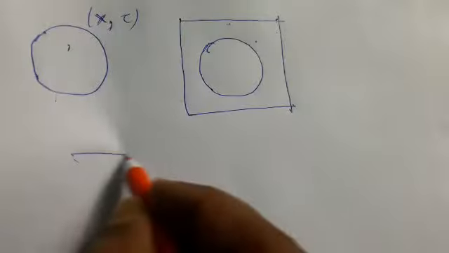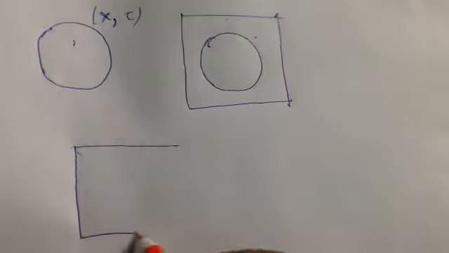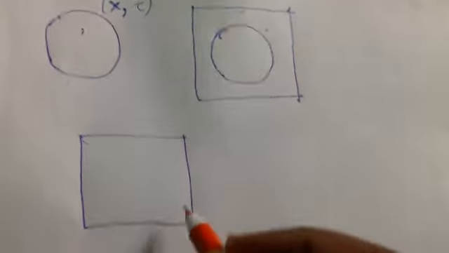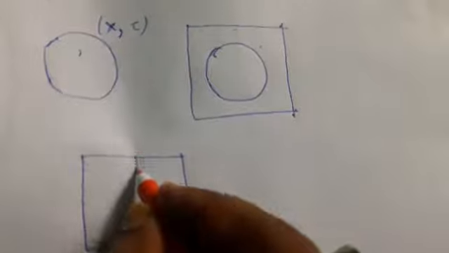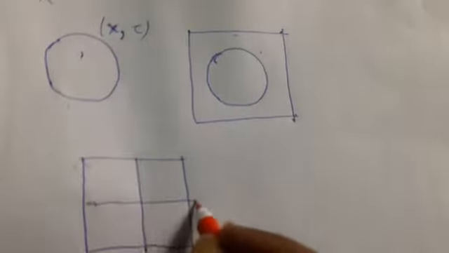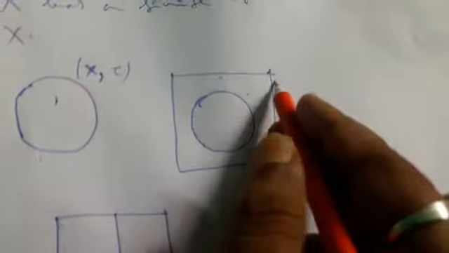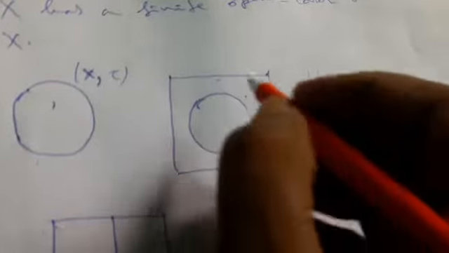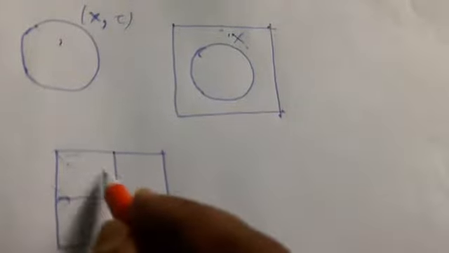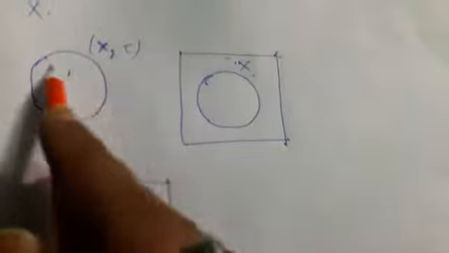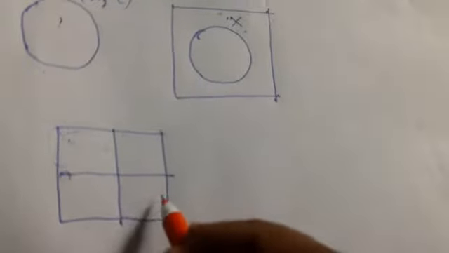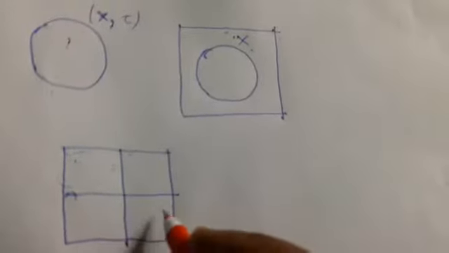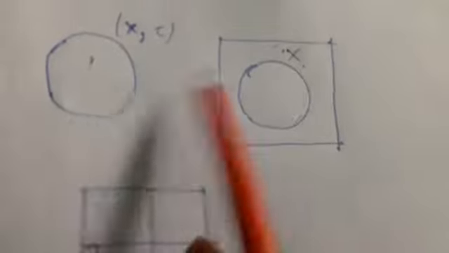Now for this figure, suppose we divide it into a finite subcover, like rectangular shapes, and if these totally cover the space X and are countable in number, like 4 here, suppose, then that also covers this shape.